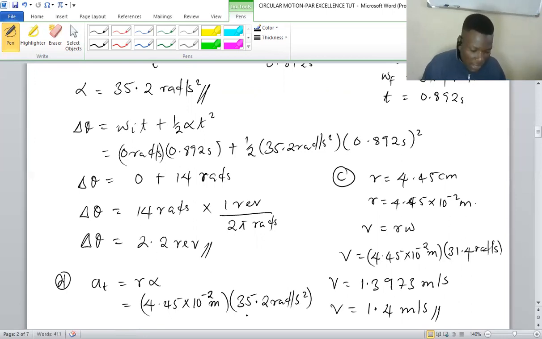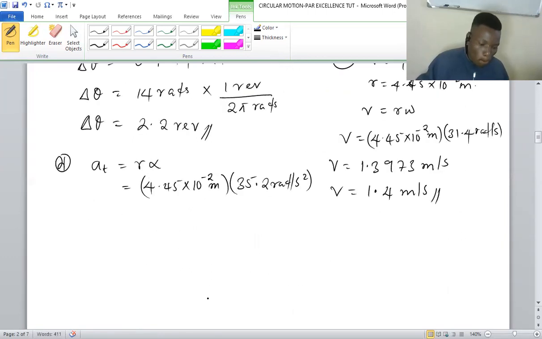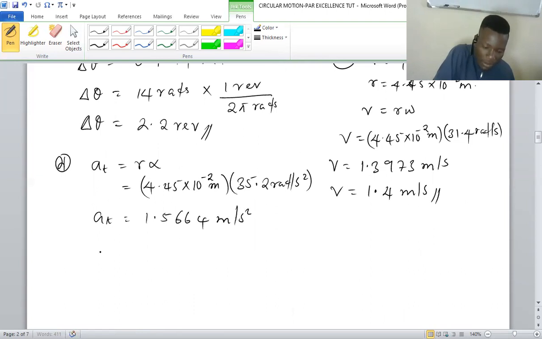That will give us the tangential acceleration, which is 1.5664 meter per square second.